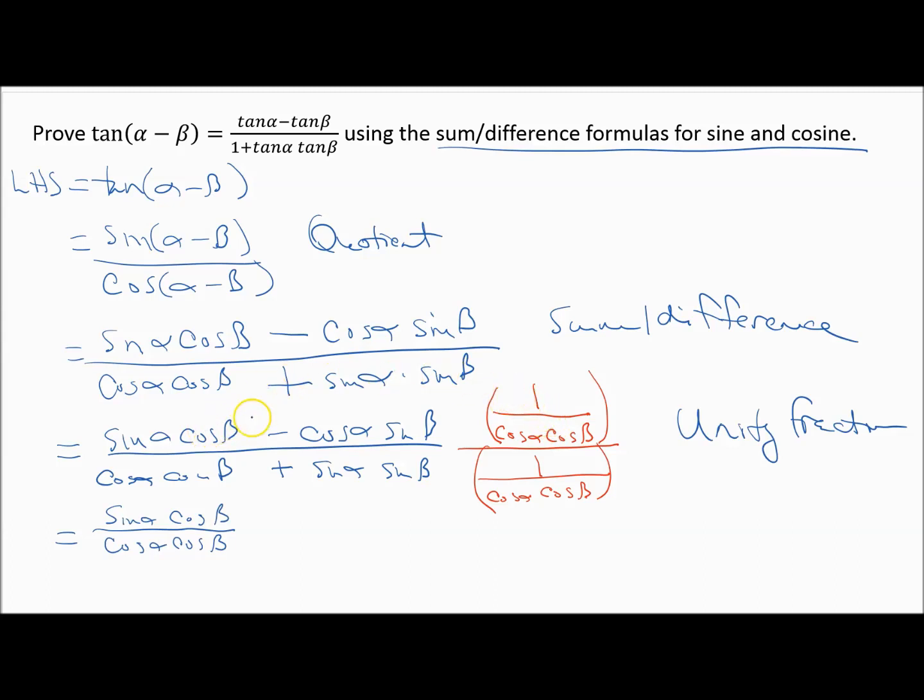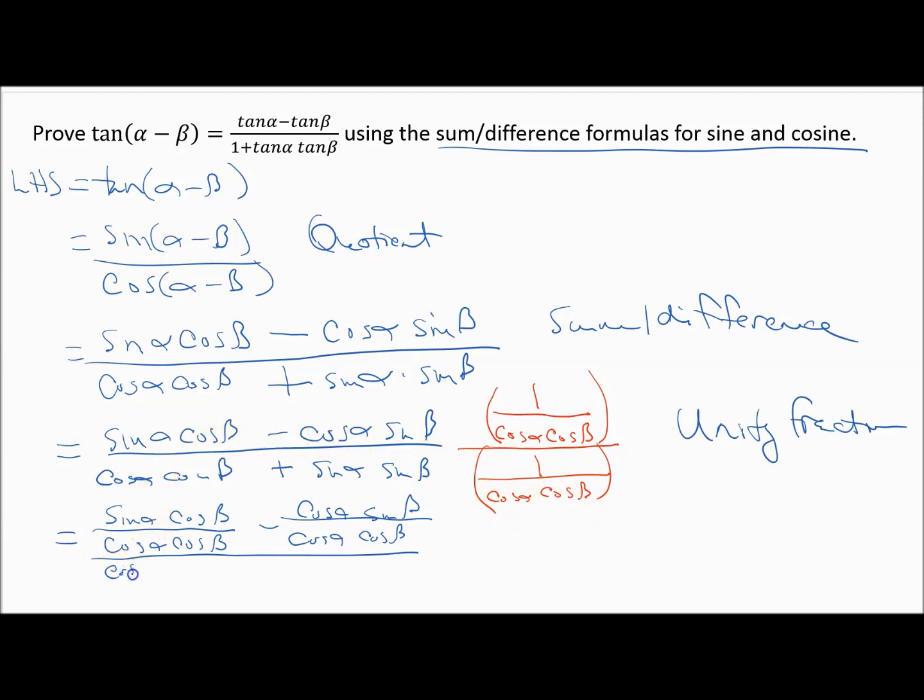I'm doing this times this, then I'm going to do this times this. So that's minus cosine of alpha sine of beta over cosine of alpha cosine of beta. I know it's just a lot of writing. Divided by, now I'm going to do this denominator fraction times this first term.